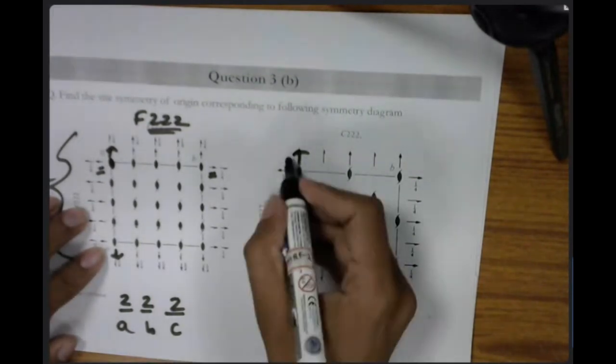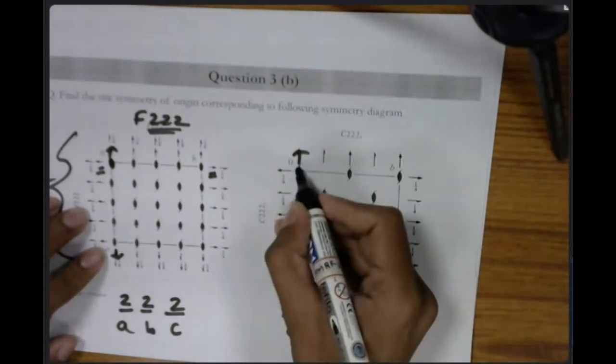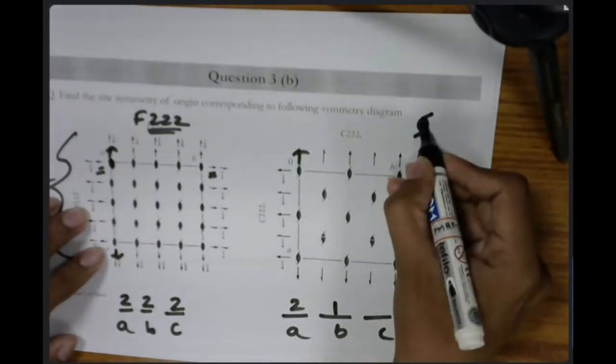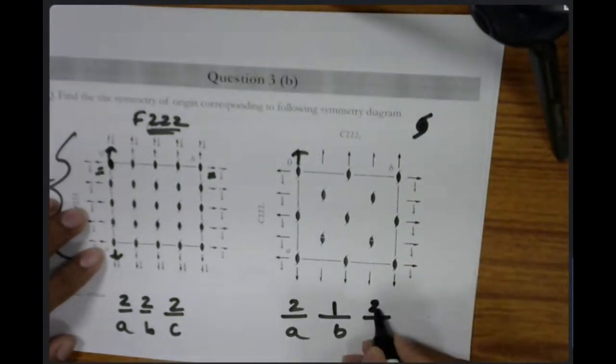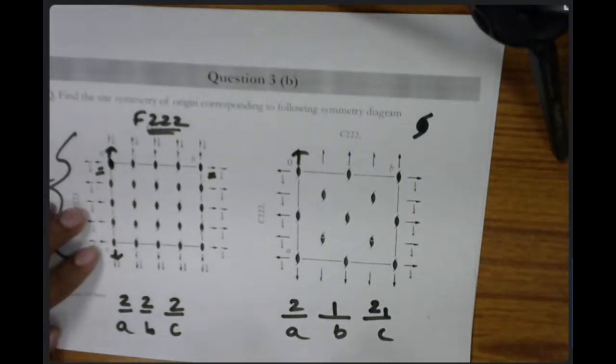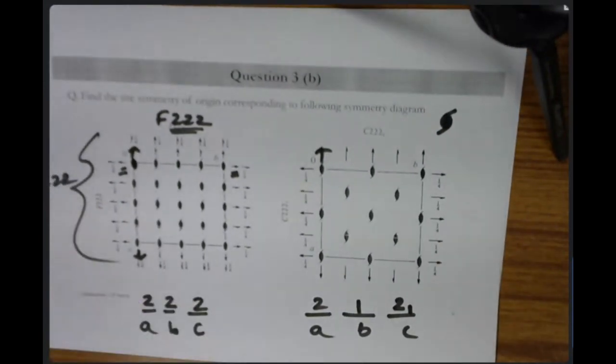And along this c-axis there is a screw mentioned, so twofold with the one subscript because it is representing the screw. So the point symmetry of the origin over here is 2 1 2 1 again. With that we have solved question number 3.